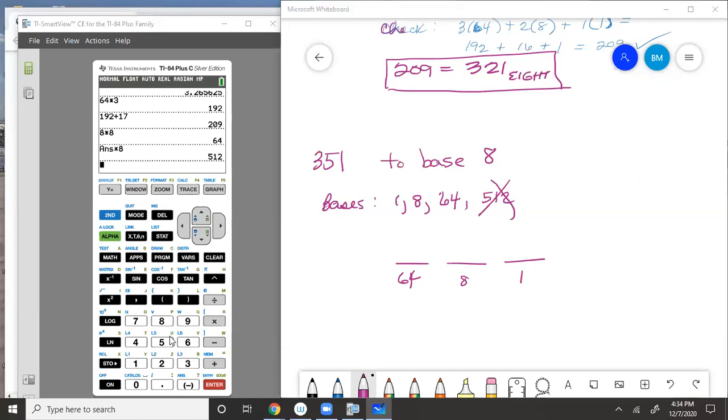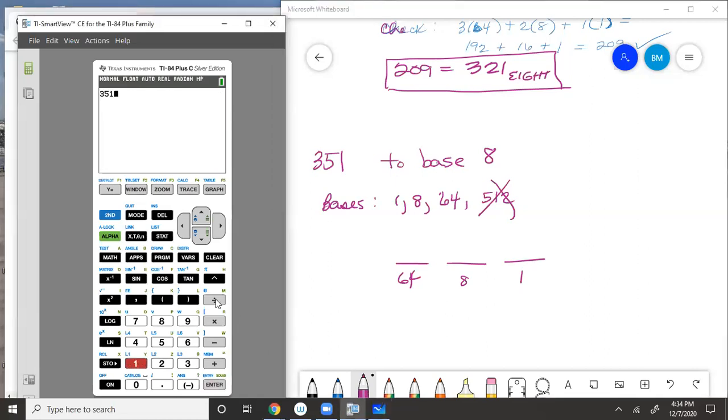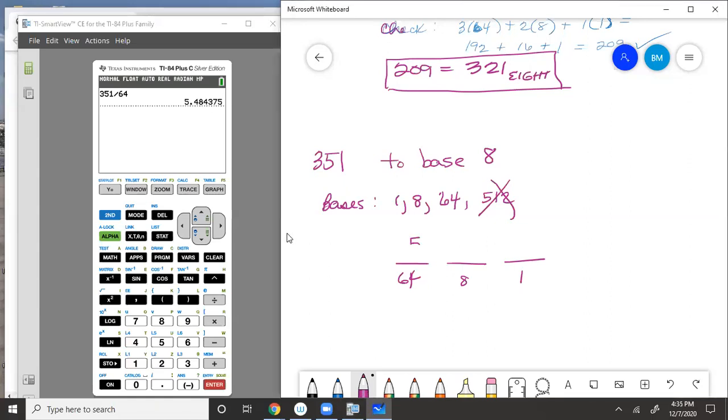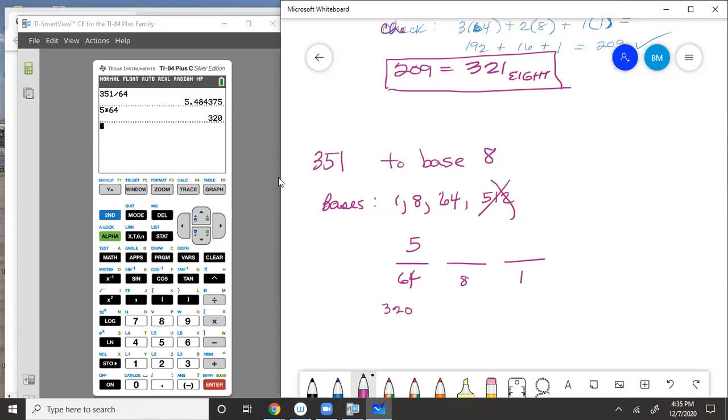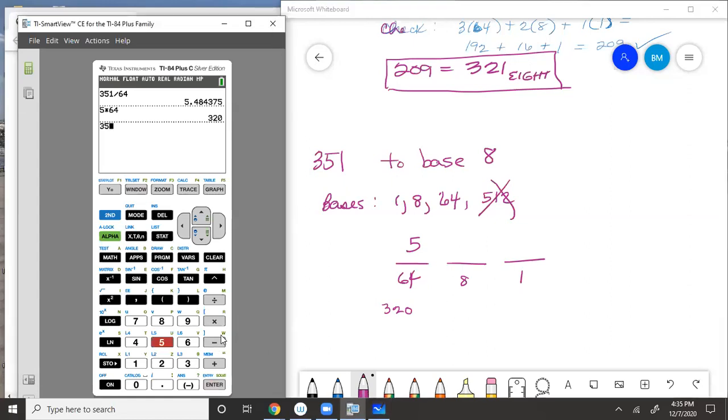All right, so 351 divided by 64 is equal to 5. Okay, so 5 times 64 is equal to 320. All right, so how many is left that we have to work with? If we start with 351 and we subtract 320, we're left with 31.